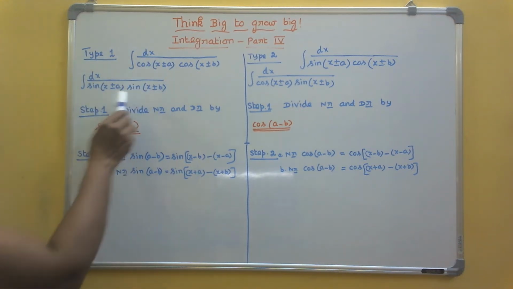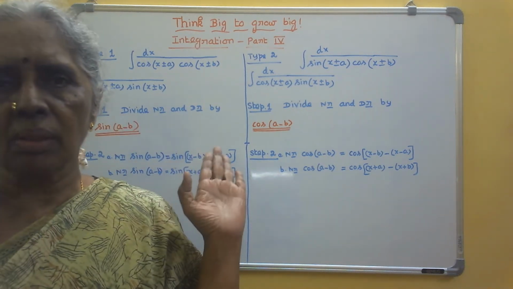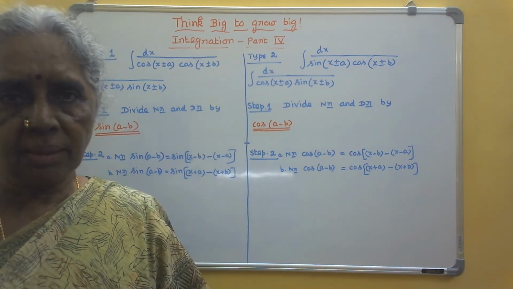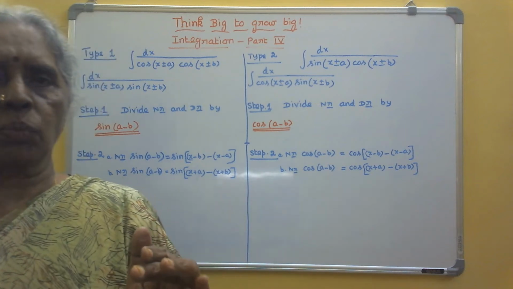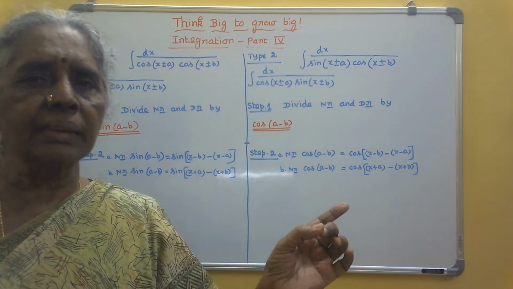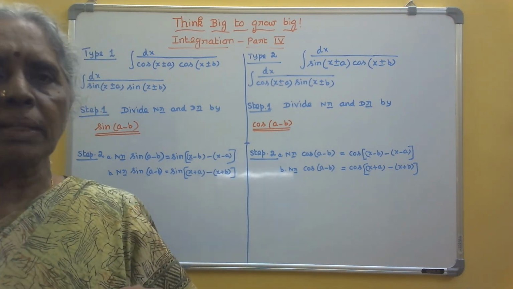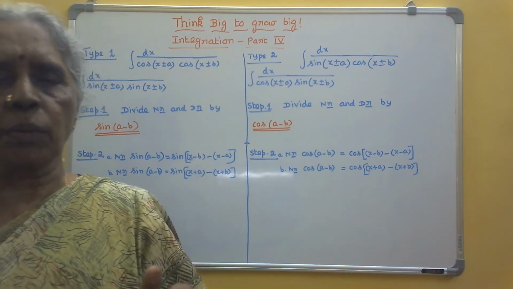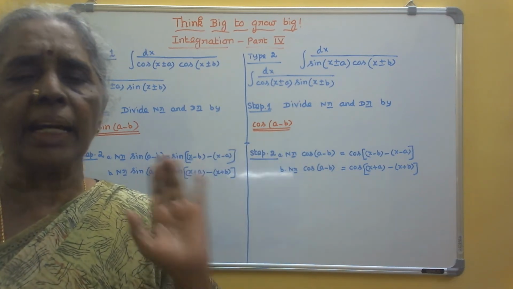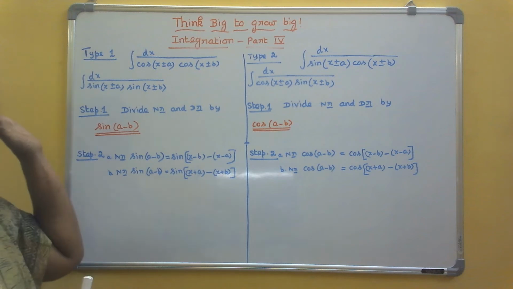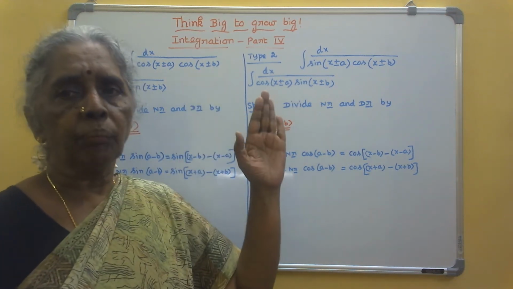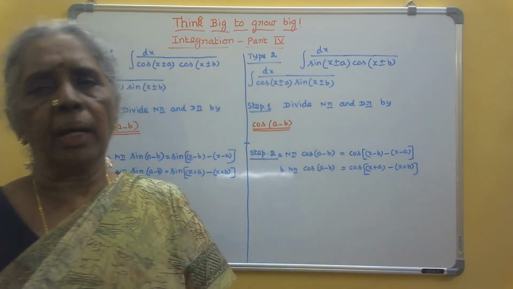So in type 1, actually there are 4 sums. Both will be cos, it may be x plus a, x plus b, or x minus a, x minus b. Both will be sin, it may be x plus a, x plus b, or x minus a, x minus b. This is type 1. Type 2, you will have one sin and one cos.